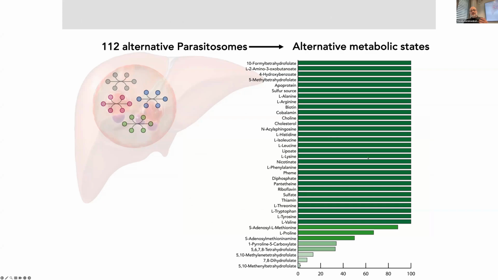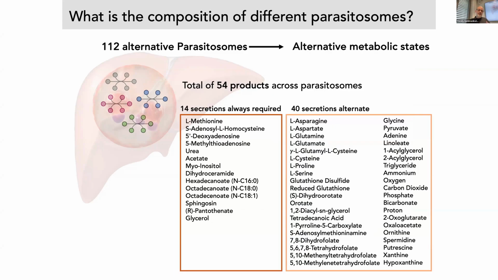And this is a distribution of how the different nutrients are used, the percentage distribution across the 112 alternative parasitisms. In the same way, as you would expect, there are certain secretions that always have to happen in order to have a functional growing parasite, no matter what set of nutrients it grows on.